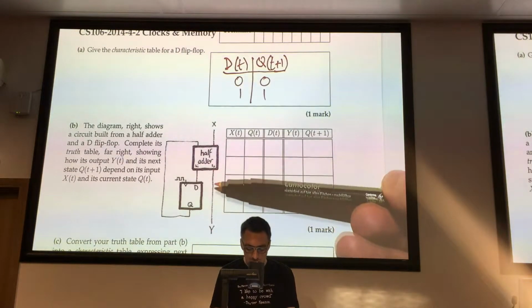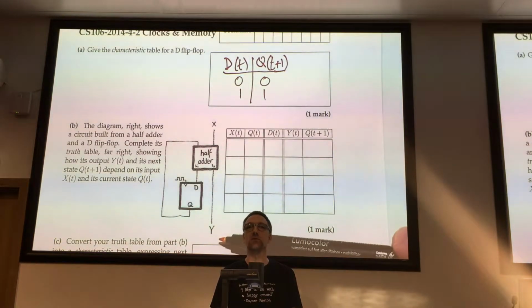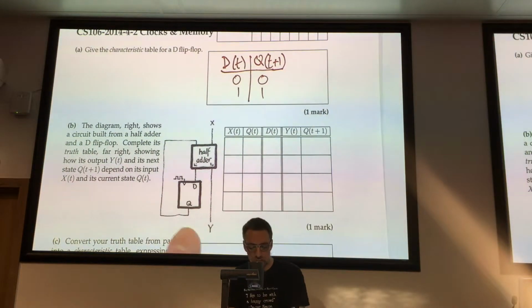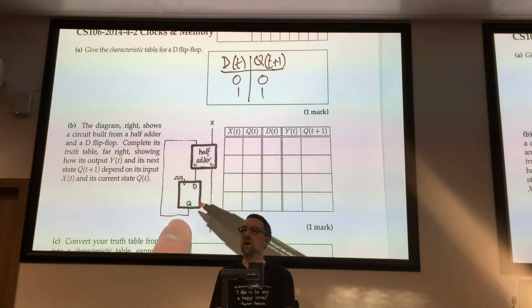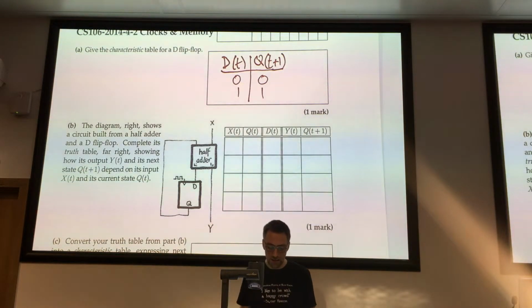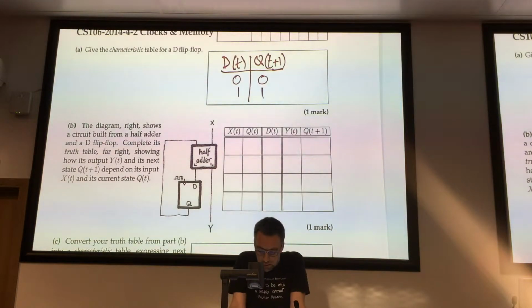Meanwhile, the ones output of the half adder goes to some output Y, and the twos output is going to be the next thing in the flip-flop. Okay, so we're asked to explain what on earth is going to happen.